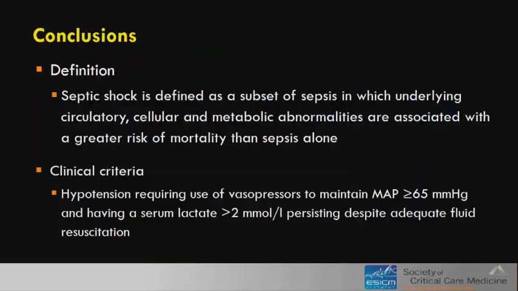So septic shock then is defined as a subset of sepsis with circulatory and cellular abnormalities or metabolic abnormalities that increase the risk of mortality compared to sepsis alone. So hypotension in and of itself is not enough. There has to be evidence of metabolic physiological stress.